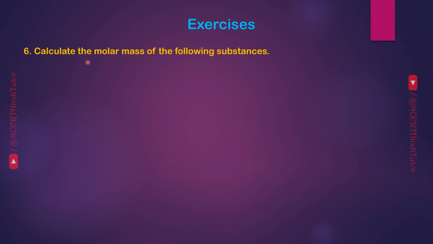Question 6. Calculate the molar mass of the following substances. A. Ethylene, C2H2. For reference, I have written here atomic mass of carbon 12 unit, hydrogen 1 unit, oxygen 16 unit, sulfur 32 unit, phosphorus 31 unit, chlorine 35.5 unit, and nitrogen 14 unit.